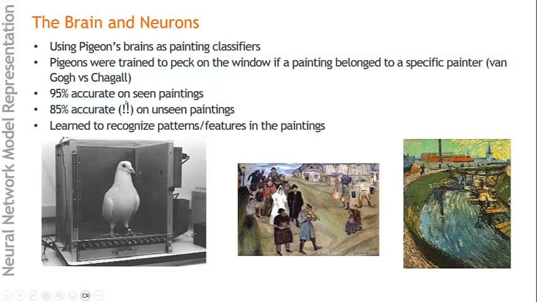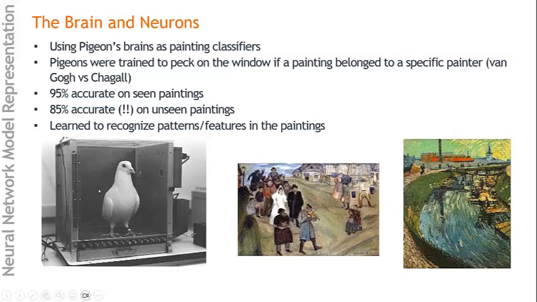But then if you show it some new paintings that it's never seen before, it's still quite accurate. Somehow the pigeon has learned to recognize patterns and features. So if a pigeon can do this, there is some hope that an automatic machine can do the same thing.